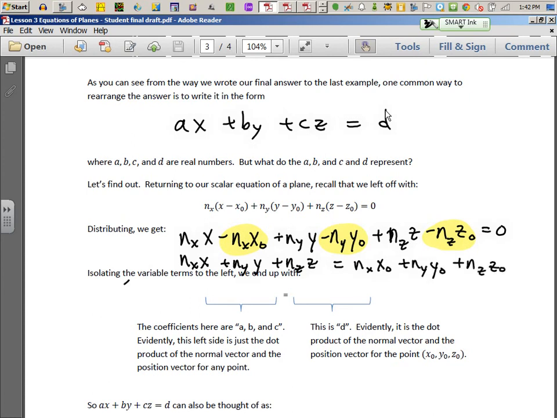Or you could write it this way: (n_x, n_y, n_z) dot (x, y, z), and the right side, (n_x, n_y, n_z) dot (x_0, y_0, z_0).